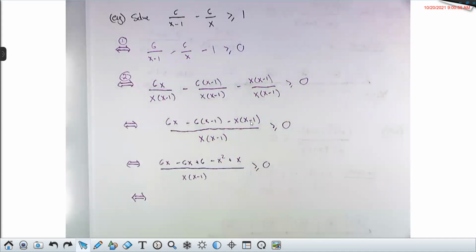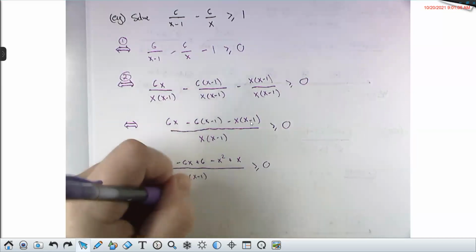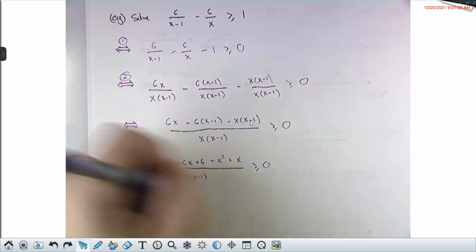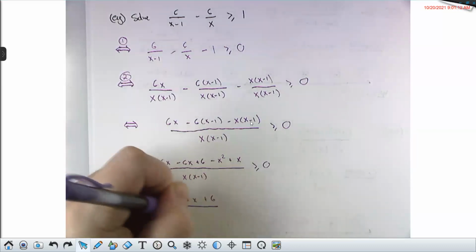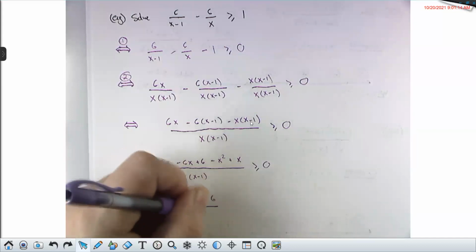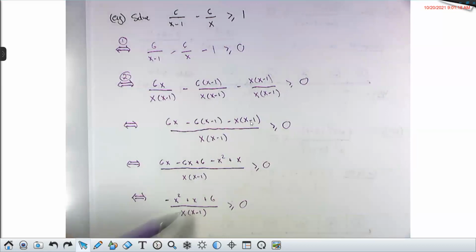So what like terms do I have? Well, I've got a positive 6x and a negative 6x. Those go. I've got a negative x squared plus x plus 6 left over. All of that is divided by x times x minus 1. And now the bottom's factored for me already. I need to factor the top though.